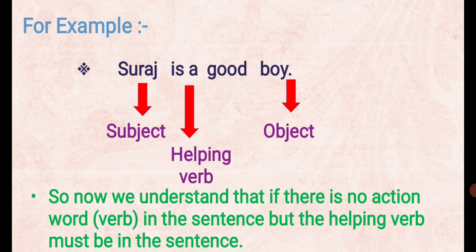Now we understand that if there is no action word, a helping verb must be in the sentence. And as we already know, without action words, without a verb, sentence formation cannot be possible.